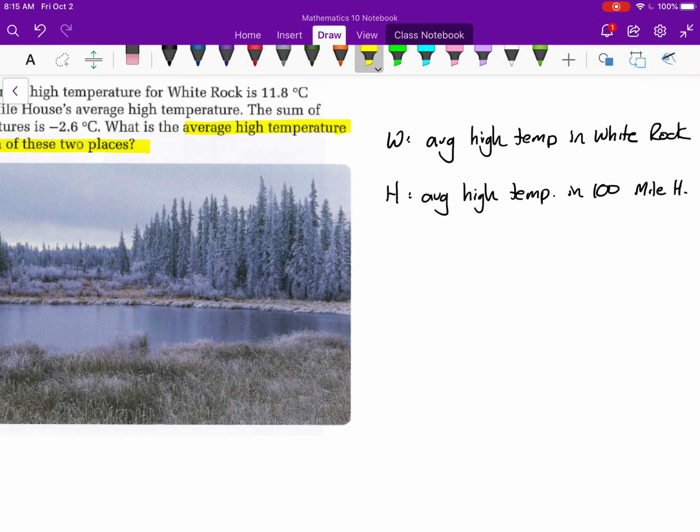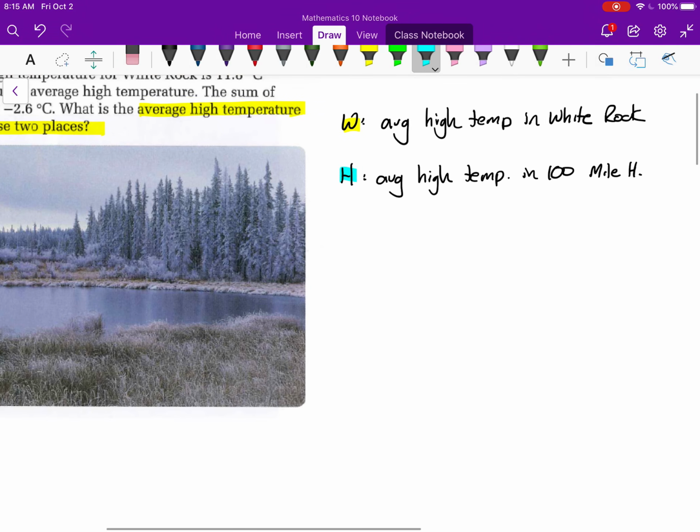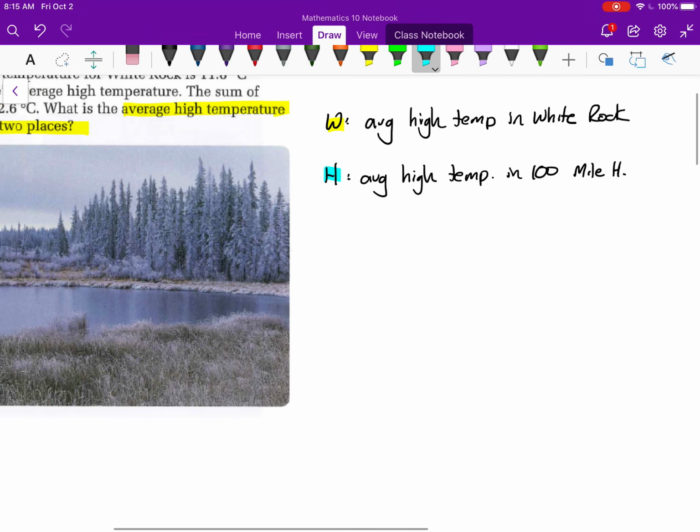Okay, so W and H. I could use X and Y, but then I think there's a better chance of me mixing up what these things stand for. All right, so next I need to make a system.